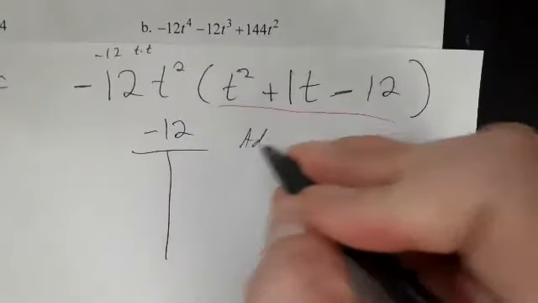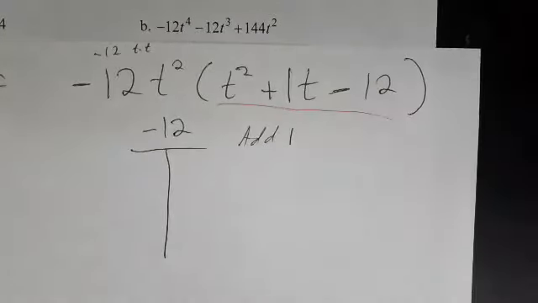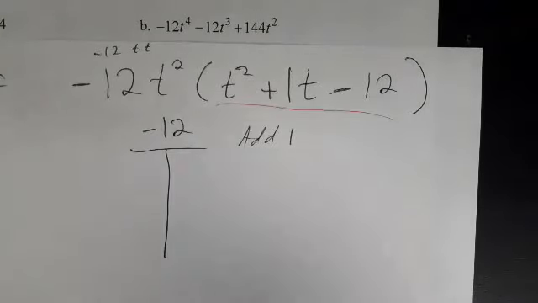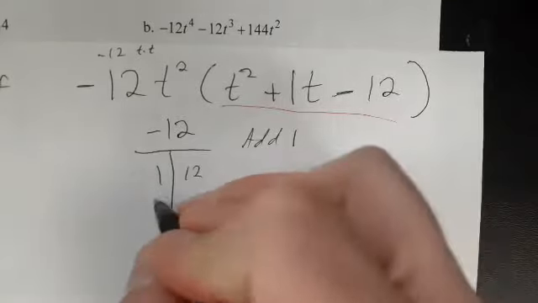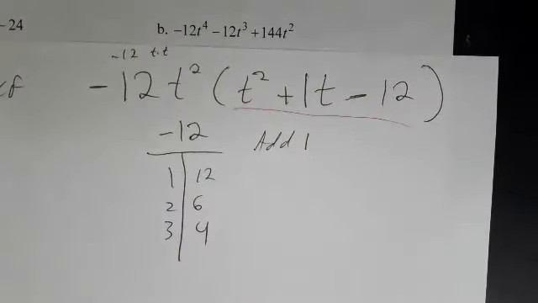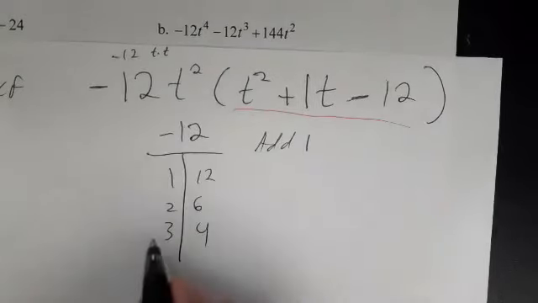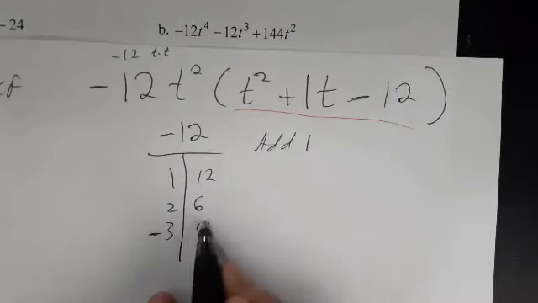It's going to add to, I'm looking at 1 and 12, 4. And it's going to add to positive 1. In order to multiply to negative 12, one of them has to be positive, one of them has to be negative. So where do I want to put my negative so that they add to positive 1? And I'm going to put it right there.